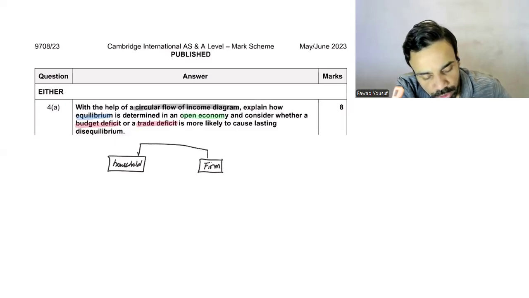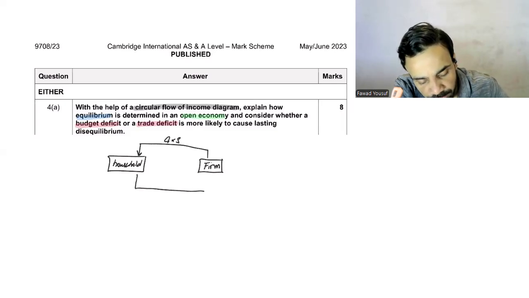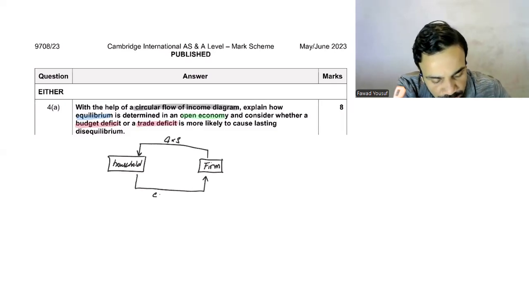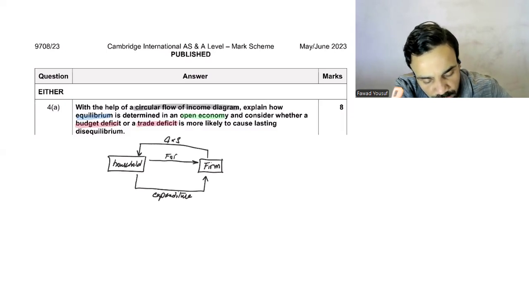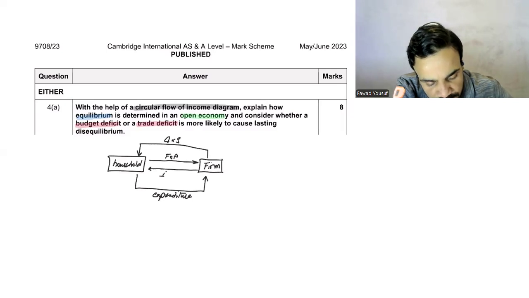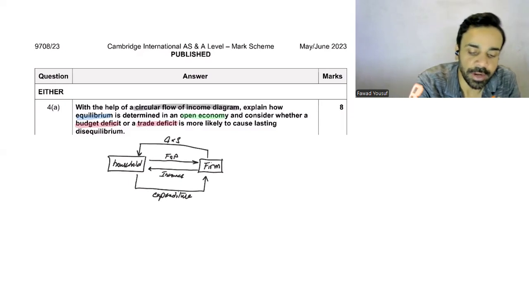How the goods and services are moving this way, how expenditure is moving in this way, and factors of production are moving in this way, and the incomes are moving in this direction.